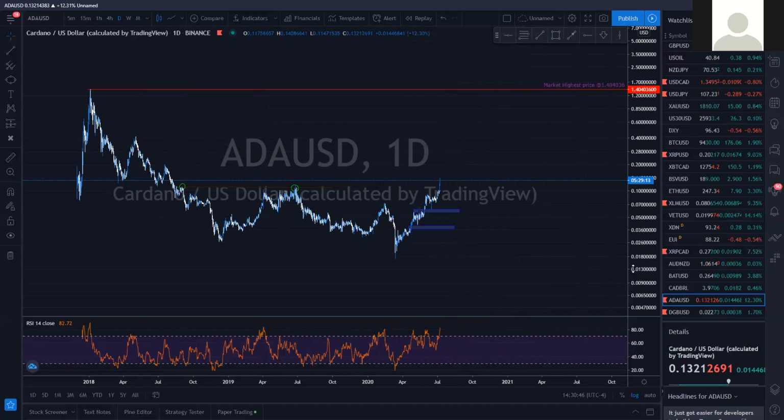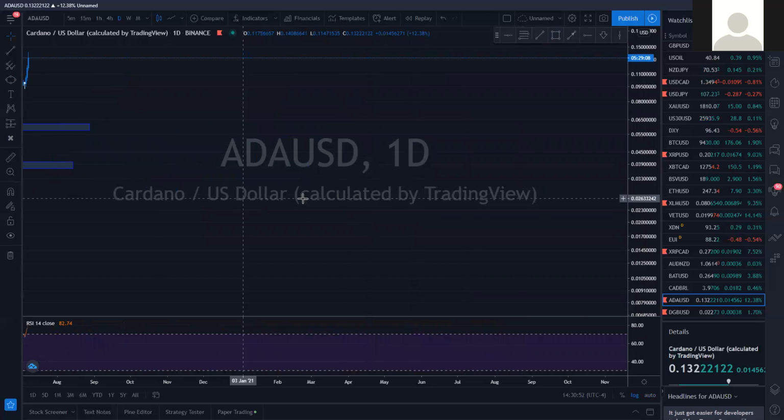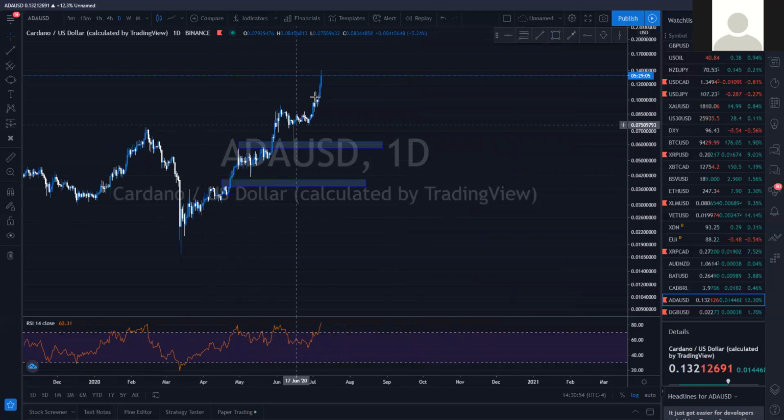But on the daily, I'm just going to pay attention to these two fair value gaps inside the market here. So we have one here and we have the second one here. In most cases, these are very, very critical points in the market, because the market makers who are trading on this platform are creating the liquidity in this market.